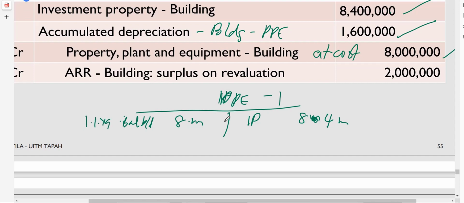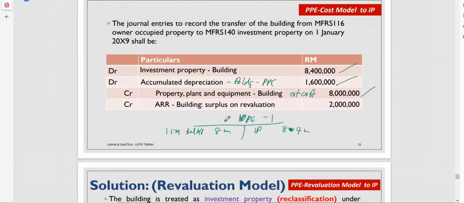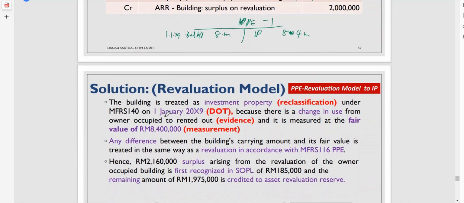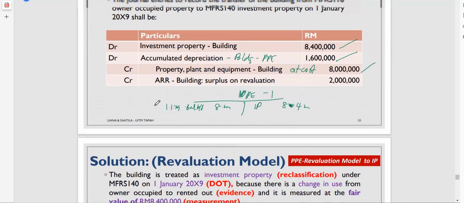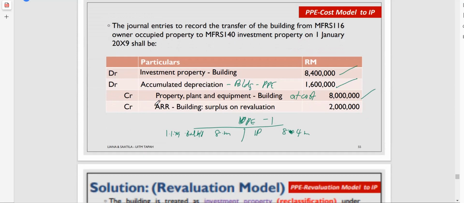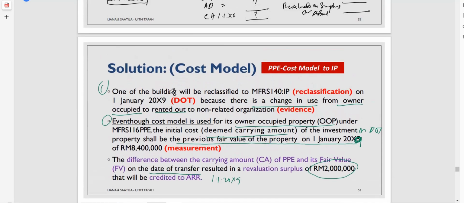So PPE was transferred to IP at 8.4 million. The difference here would have to be related to accumulated depreciation and also the revaluation surplus. But there is no requirement for us to do the account, so I just skip that. You can try and do it and find out. So under the revaluation model, this is the answer in case the item is the question here. The first one is assuming you adopt the cost model.